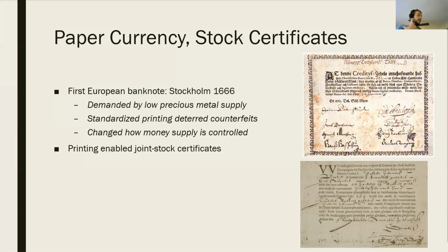And finally, one thing that printing was important for was the printing of joint stock certificates. So around the 1600s, we started seeing the development of what are called joint stock companies, where a business might be owned, broken up into shares, which can be bought and sold between investors.